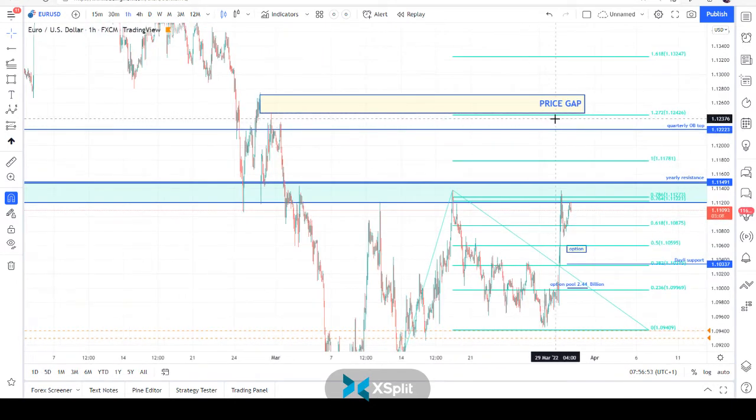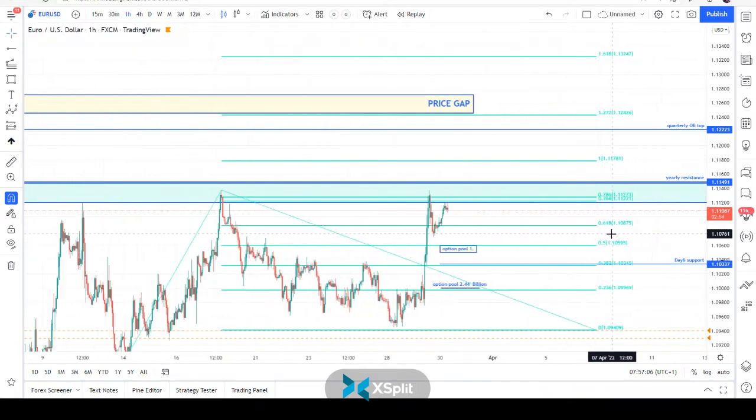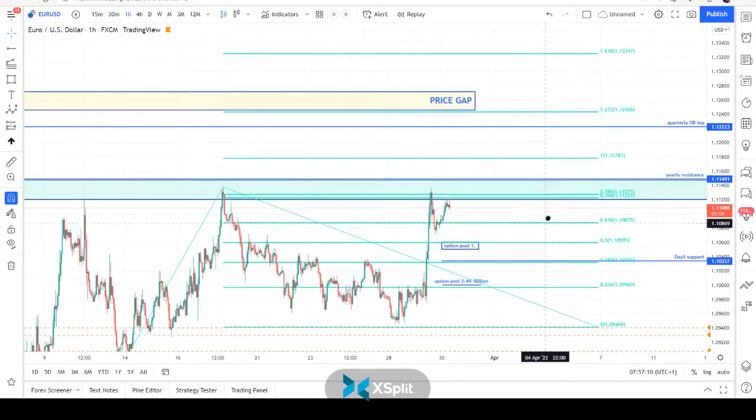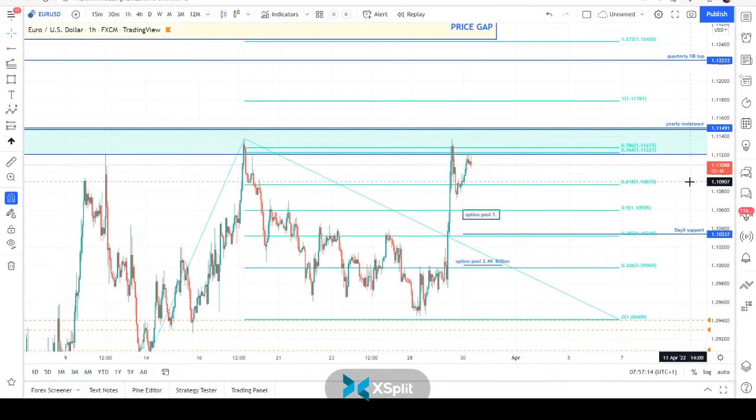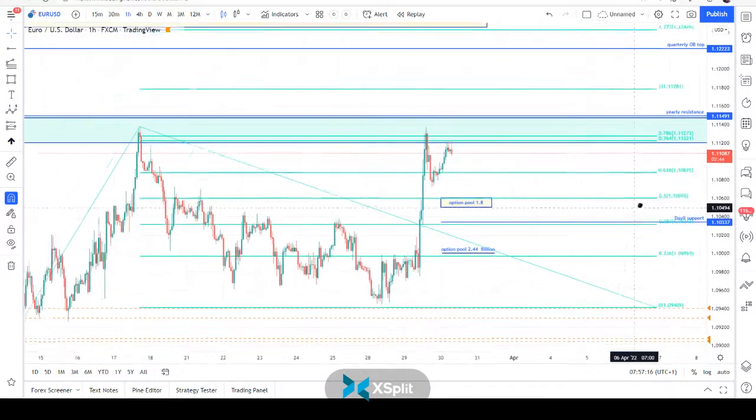So 112.42 will be important when we get there. And then we will fill the gap in that area, pull back again perhaps to this quarterly, and go up when the war is done, or at least when we have something written about the stock, something strong that can give us some more stability in the future.